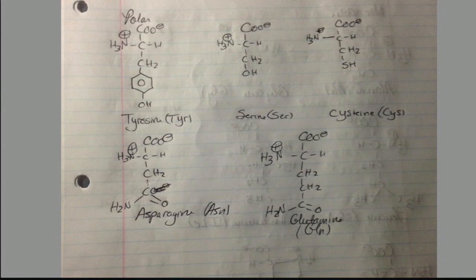So compare the structure of asparagine to aspartic acid. Do you see why I would say that they're very similar structures? Of course, they're not that similar because they're 2 different functional groups, but they're almost identical except that here there's an NH2 group, and in aspartic acid there would be an OH or an O minus. So it's good to see that those are closely related, even though they are different functional groups.